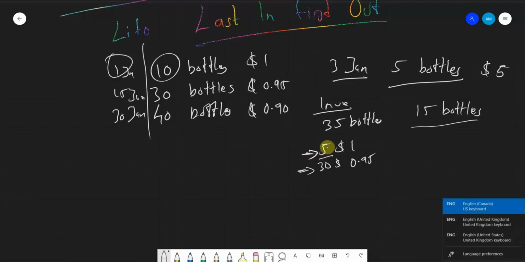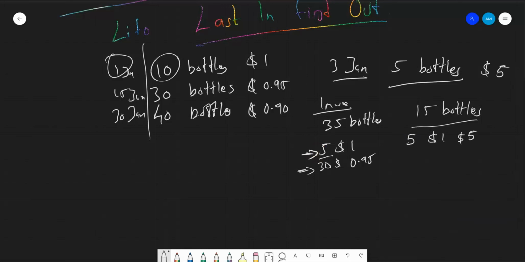So 5 would come here at $1, which is $5, and then we would take the remaining 10 from the 30, which would be 10 at 0.95. This is the FIFO method. As a recap, that is 9.5, and then when you add it, it's 14.5. Bingo. That's how you would calculate the cost of those bottles.